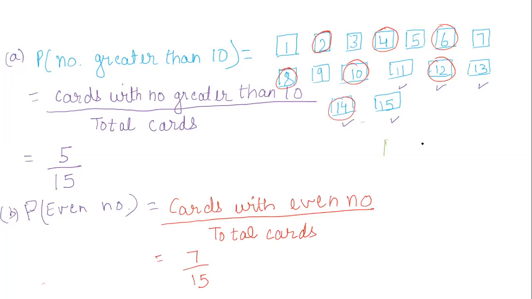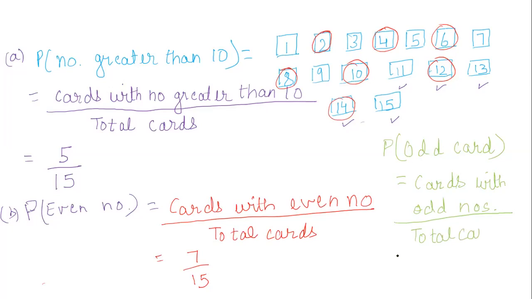Probability of an odd card: cards with odd numbers divided by total cards. How many cards have odd numbers? 8 divided by 15. So your probability is 8 divided by 15.